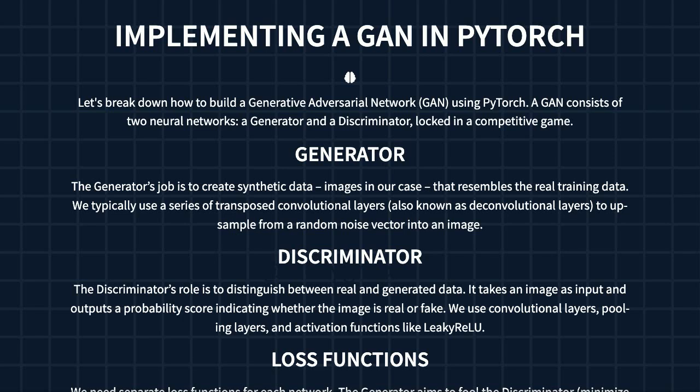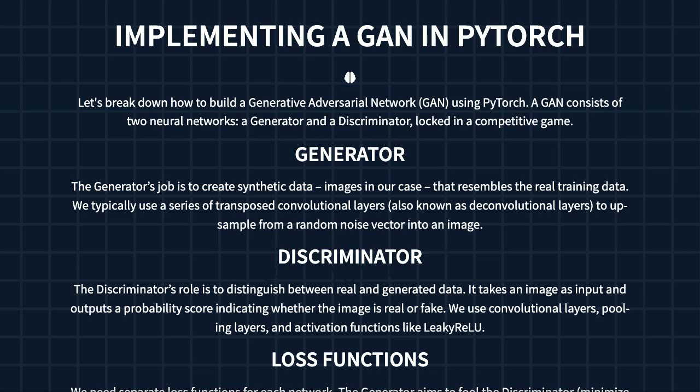Its job is to tell the difference between genuine artworks and the generator's fakes. We train them by having the generator constantly try to trick the discriminator, and the discriminator continuously improving at spotting the forgeries. It's a really cool iterative process. We use specific loss functions that guide this competition.